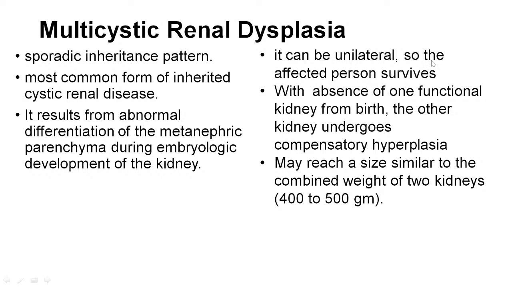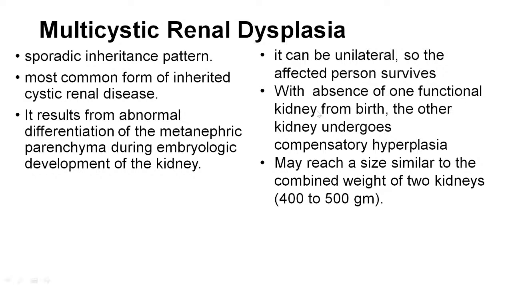It can be unilateral, so the affected person can survive. If both kidneys are not involved, the person can survive and have a normal life, because in principle even one kidney is sufficient for survival. So, if one kidney is normal by birth, they can survive.